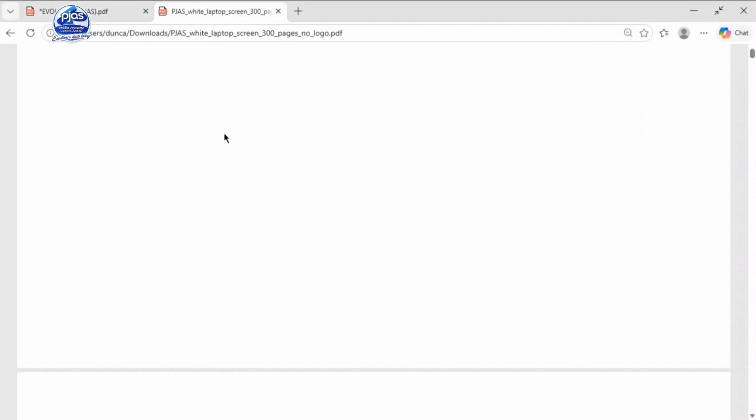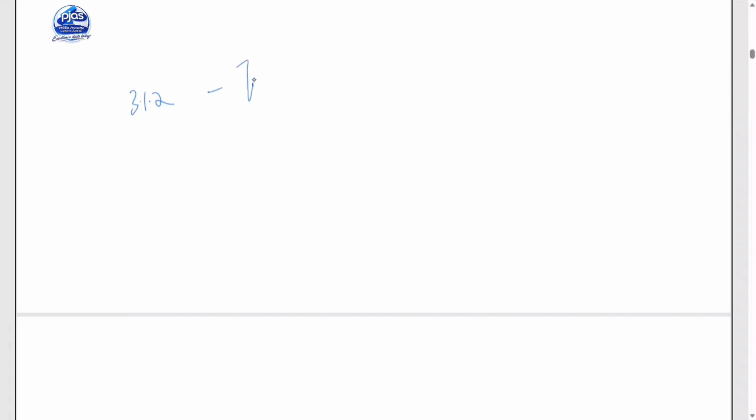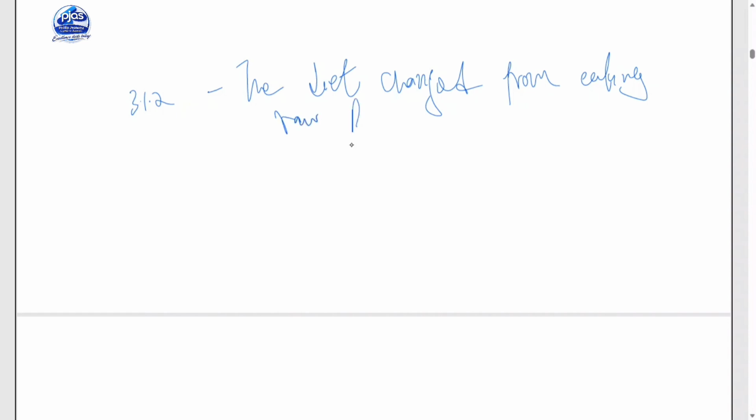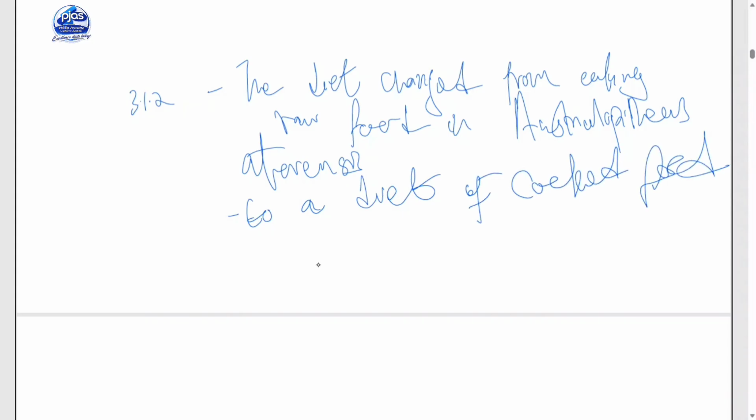It was 3.1.2. We said that now the diet changed from eating raw food in Australopithecus afarensis to a diet of cooked food.